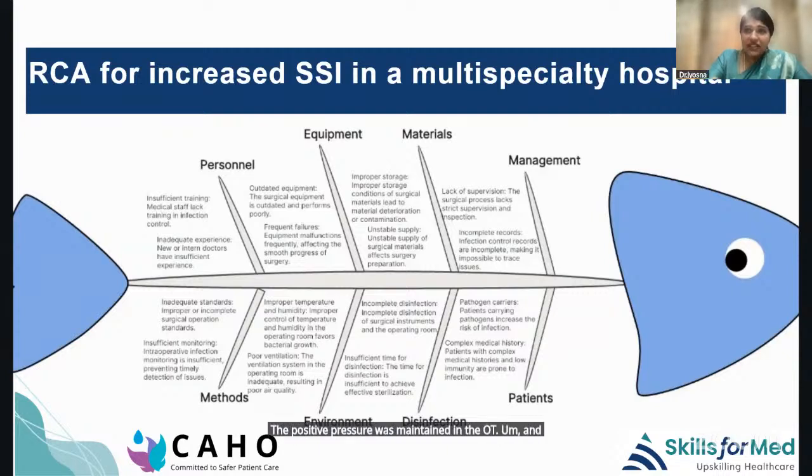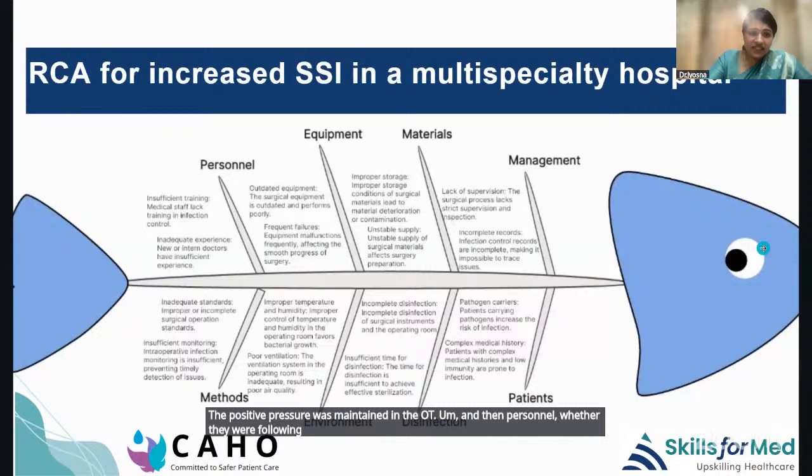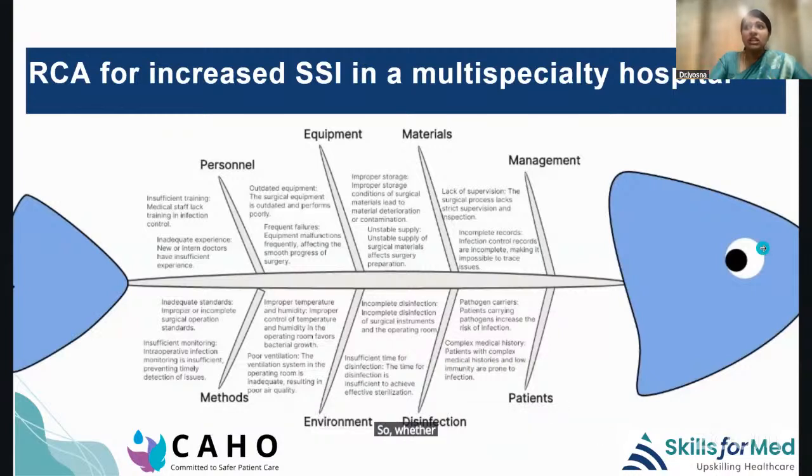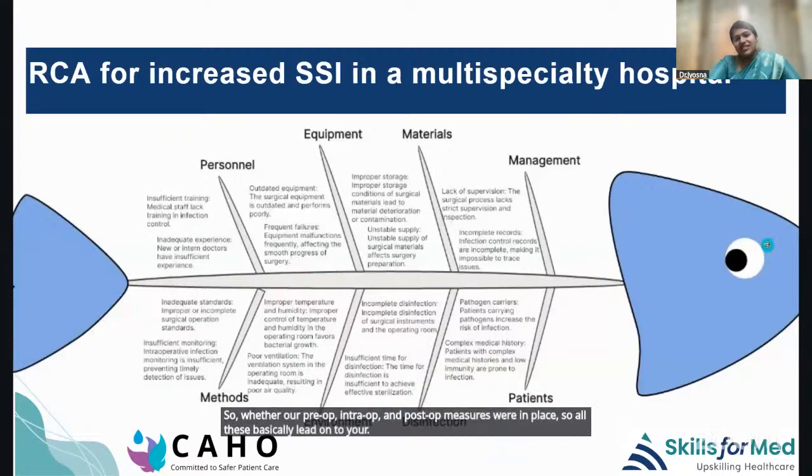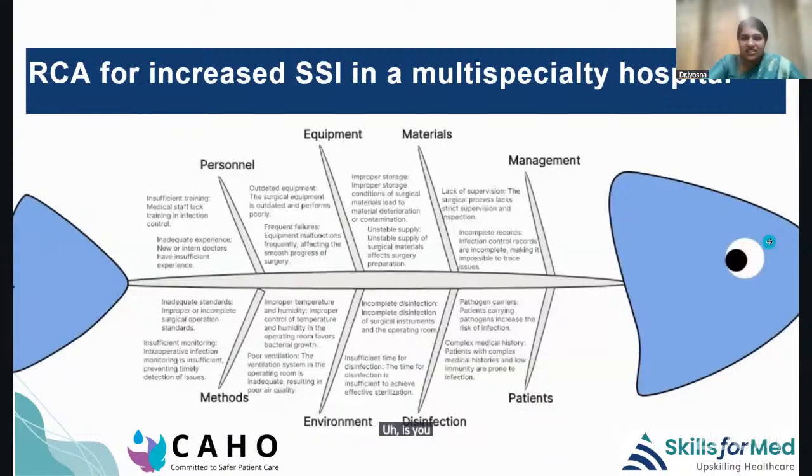And then personnel, whether they were following hand hygiene techniques. So whether our pre-op, intra-op and post-op measures were in place. All these you have to include in your RCA to complete this analysis.